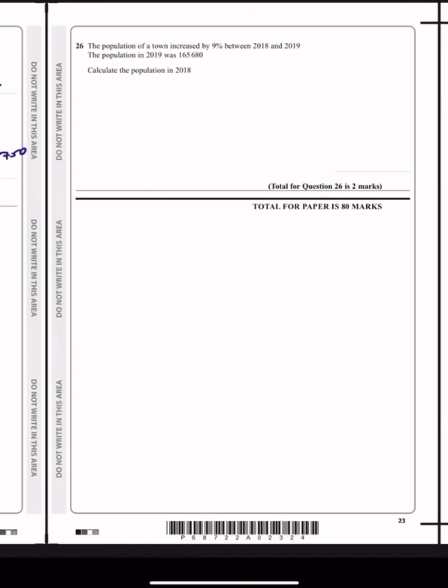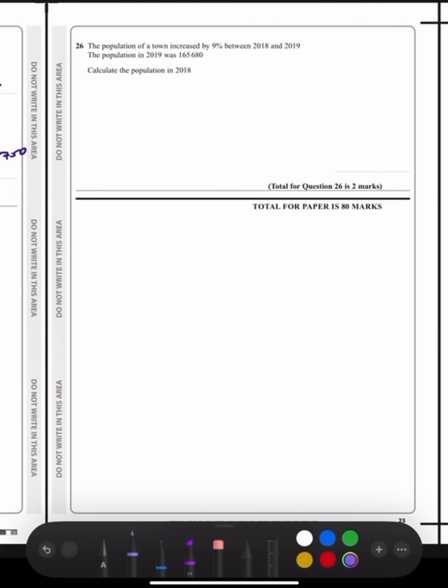Okay, so in this one, we can basically say that the population increased by 9% between 2018 and 2019. Out of 100%, let's say 2018 was 100%. So it increased by 9, so 100% plus 9 would give us 109%. So basically what we're saying is 109% is the new population in 2019.